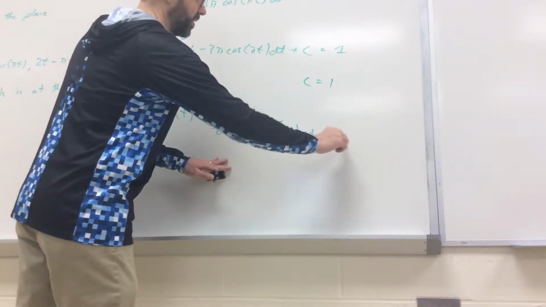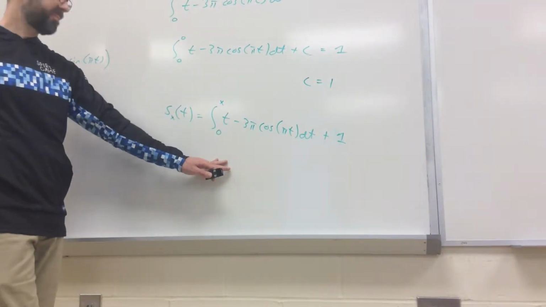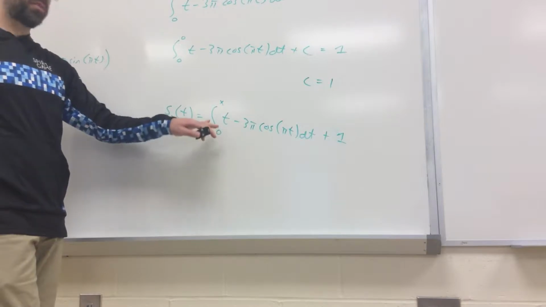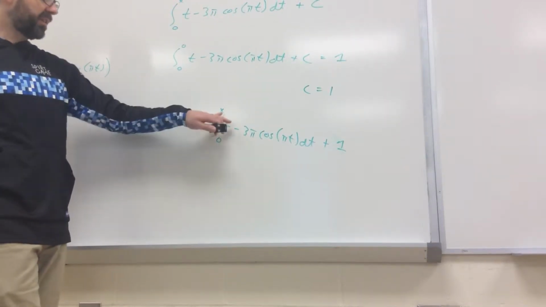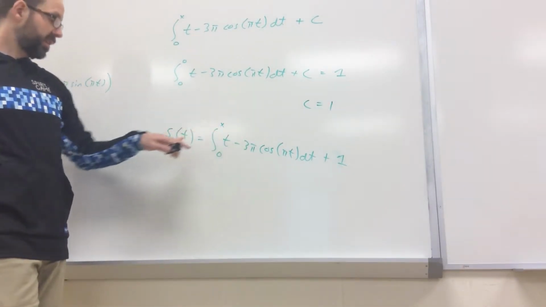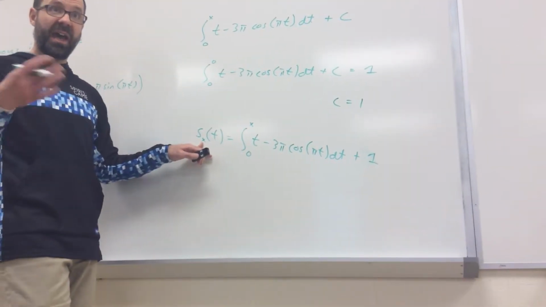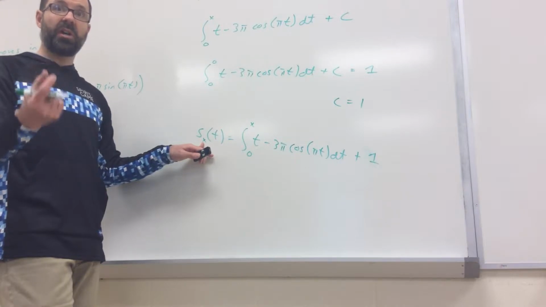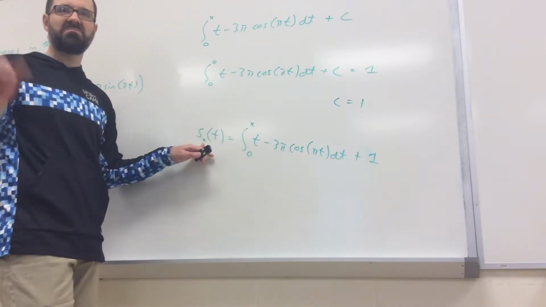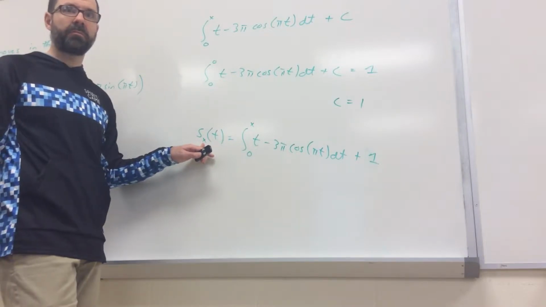Just figured out c is 1, so I guess I'll write it down. A little bit of awkwardness in the notation, right? This x is a t. It's a time. This x literally means the x value of the velocity. So I'm not super happy about the double use of x there, but I think you can deal with it.